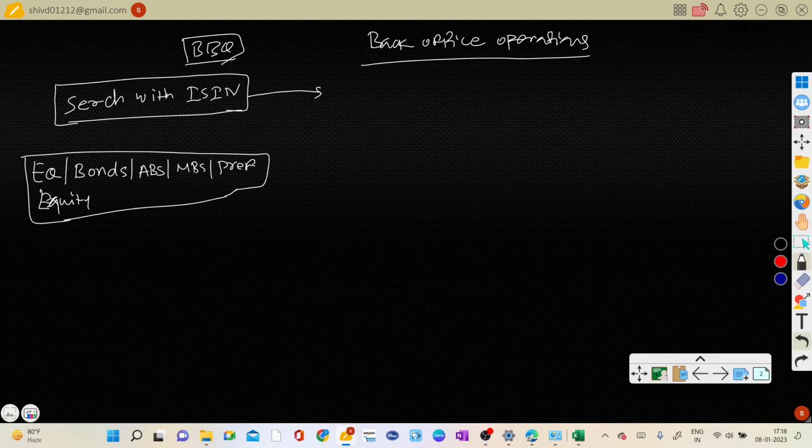Whenever we require information from Bloomberg, we request it from the client and the client provides that ISIN or any security ID we are looking for. Okay, and apart from that, for loans, if you have any loan instruments like term loan, revolver credit and all, they will have an LX ID.